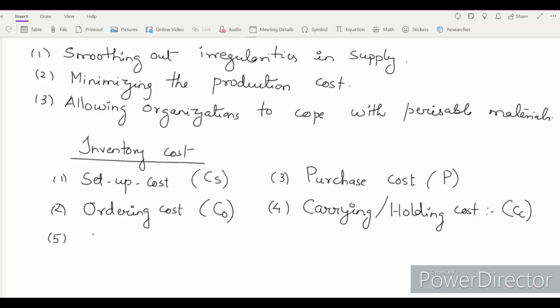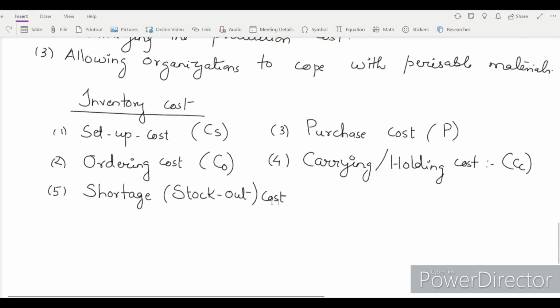Next, the fifth one is your shortage or stock out cost. This symbol I'll tell you later on, so that there won't be any confusion.